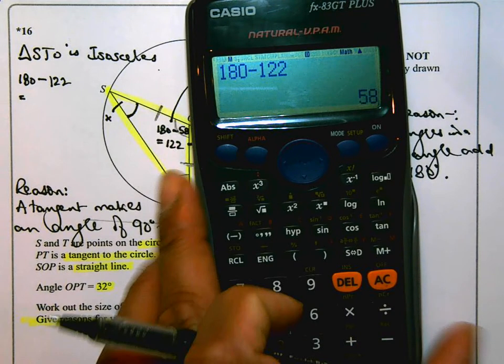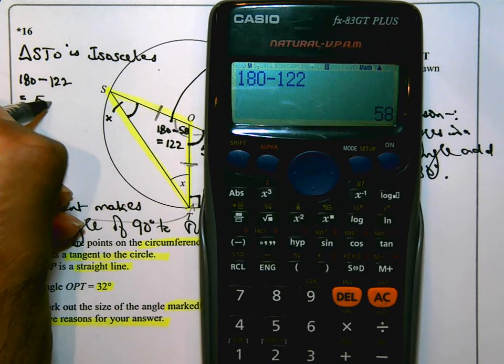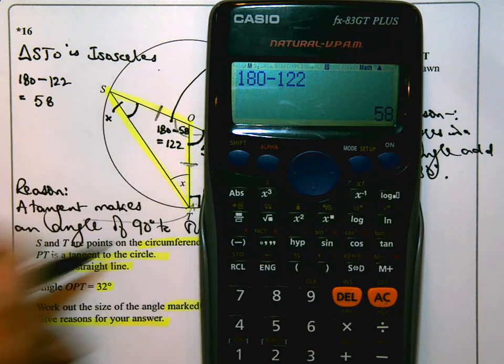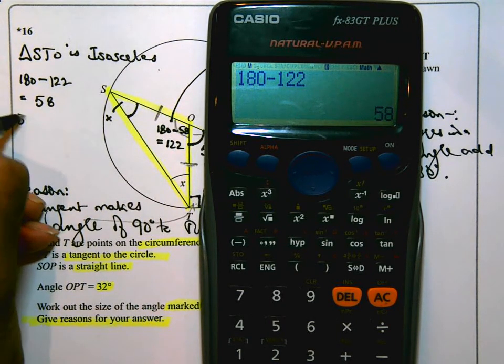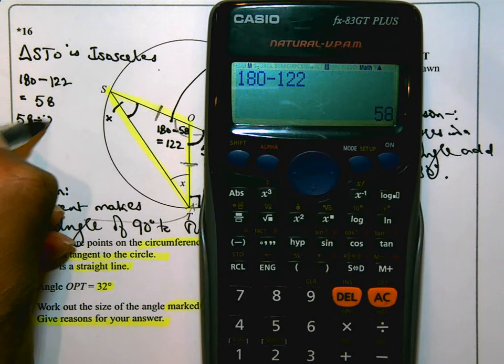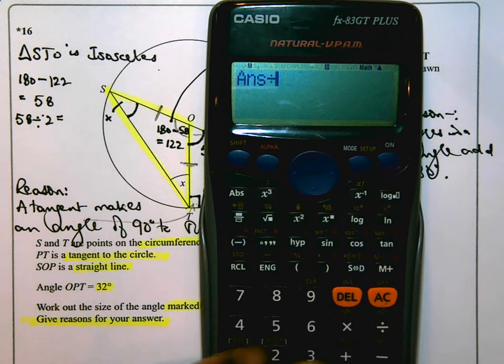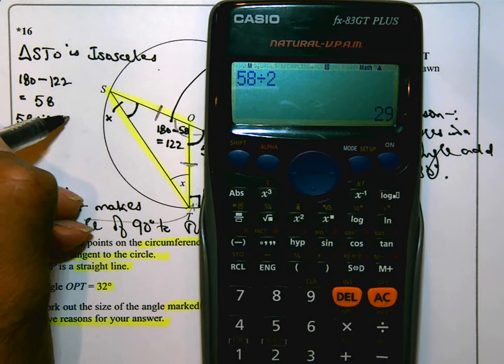So those two angles will add up to 58. 58 divided by 2 is equal to 29. That means x is equal to 29 degrees.